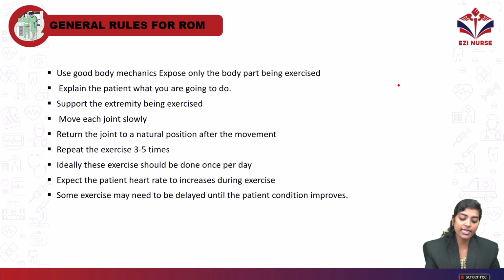Repeat the exercises 3 to 5 times. Whatever exercise you are doing, you have to repeat it 3 to 5 times. Ideally, this exercise should be done once per day. Whatever exercises you are doing, the range of motion, active exercise, passive exercise, you usually have to do once per day.